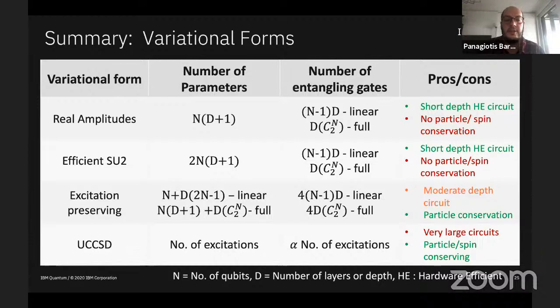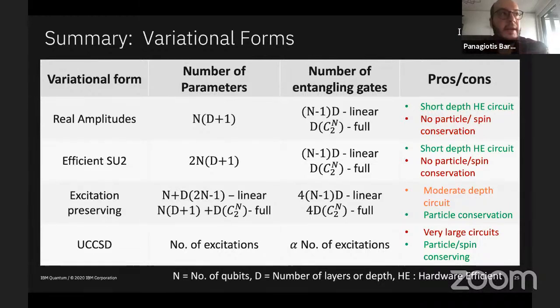When you are using excitation preserving with linear connectivity, so with parameterized 2-qubit gates, the number of parameters scales as n plus d times 2n minus 1. And for the full connectivity, you need to do the combination of these two gates on the n qubits. Here we have again a moderate circuit depth compared to the unitary coupled cluster singles and doubles, but we can guarantee the particle conservation, provided that we start from the right initial state.